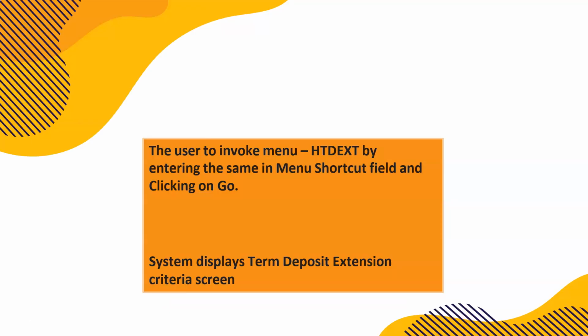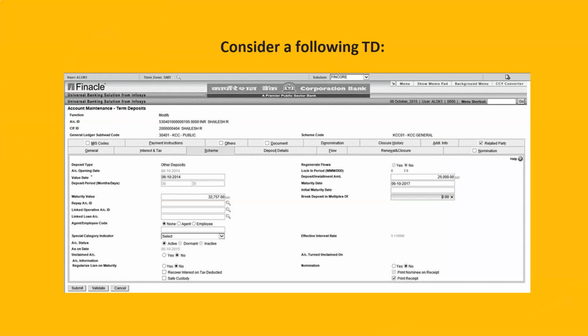So the user invokes the menu option Htdext for extension by entering the same in the menu shortcut field and clicking on go. The system displays the term deposit extension criteria screen here. You can see here, right? So this is the original amount that he has deposited, 25,000. So we can change the date from here. Value date will automatically populate here.